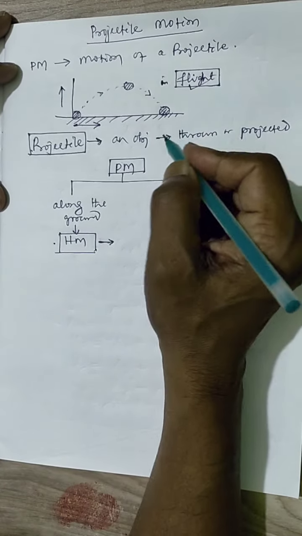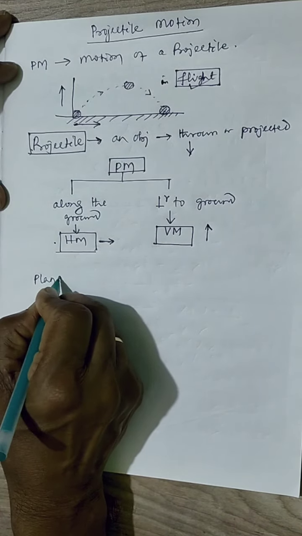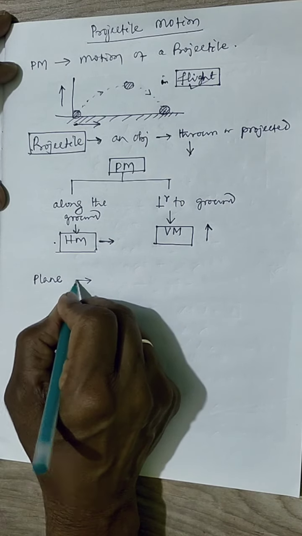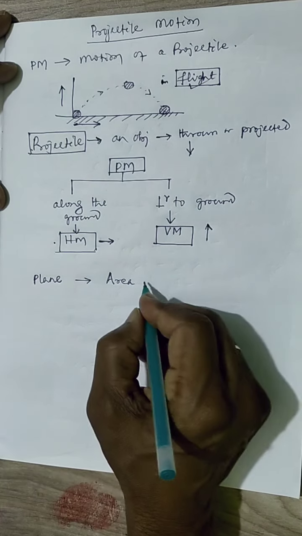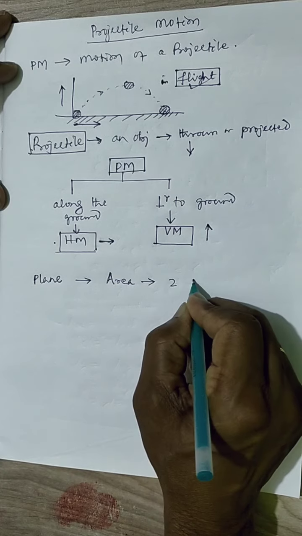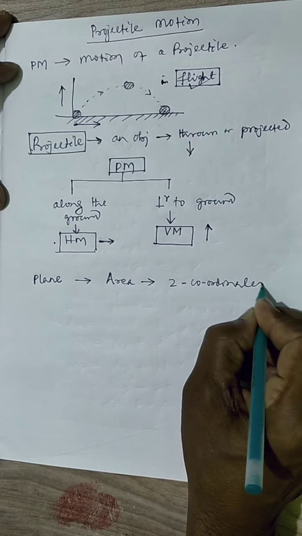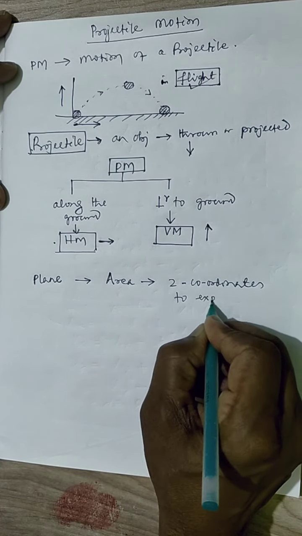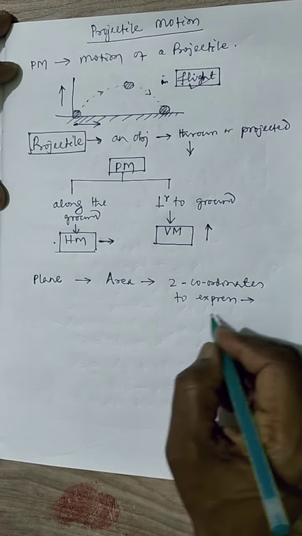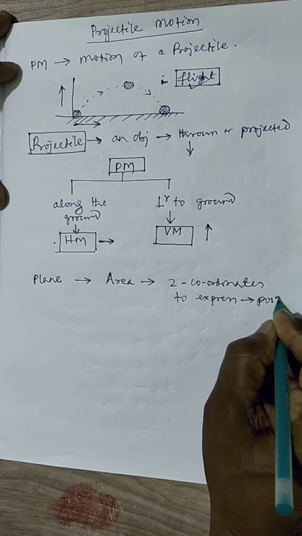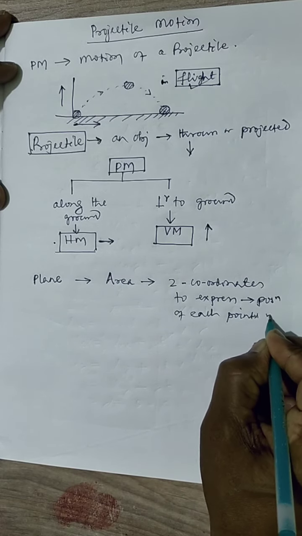That means it is moving in a plane. A plane is something that has certain area and requires two coordinates to express the location or position of each point in the plane.